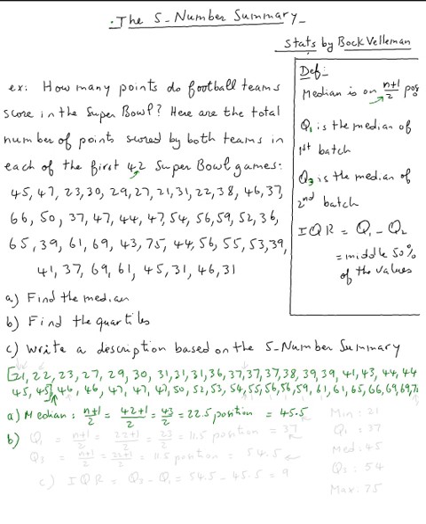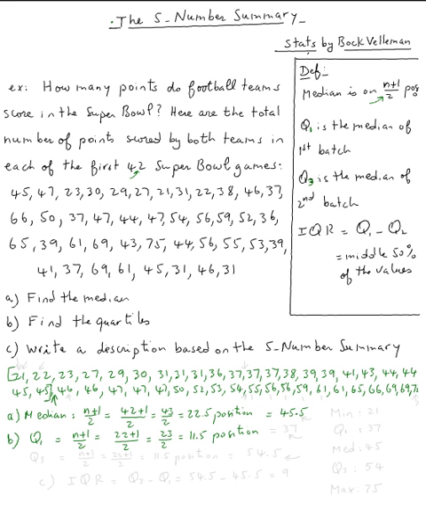There are 22 scores, so again Q1 will be n plus 1 over 2, which is 22 plus 1 over 2, which is 23 over 2, which is the 11.5 position.